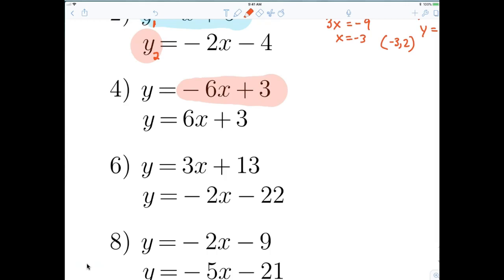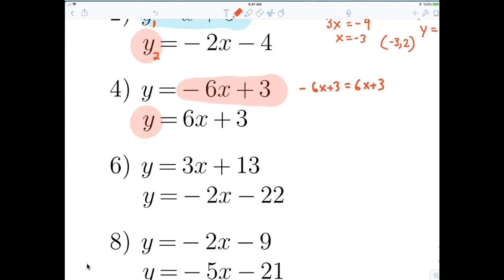That means wherever I see a y, I can replace it with negative 6x plus 3. I'm changing the red y for negative 6x plus 3, so I end up with negative 6x plus 3 equals 6x plus 3.